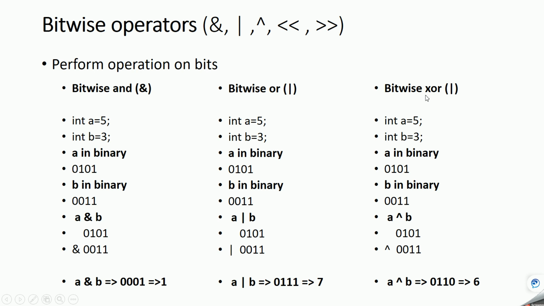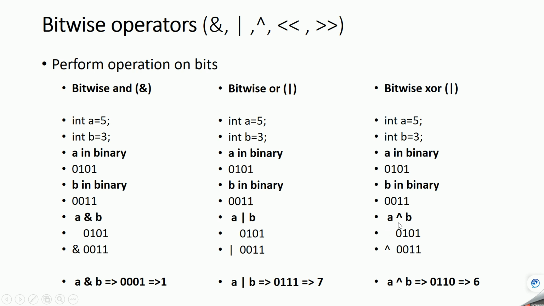Let's see another bitwise operator called XOR. The way bitwise XOR works is, if both bits are the same, then it will become 0, and if both bits are different, then it will become 1. We have two variables, a equal to 5 and b equal to 3, and a in binary is represented like this, and b like this.